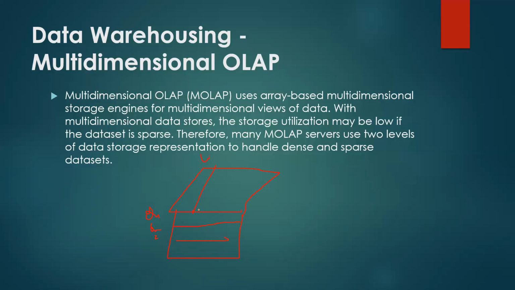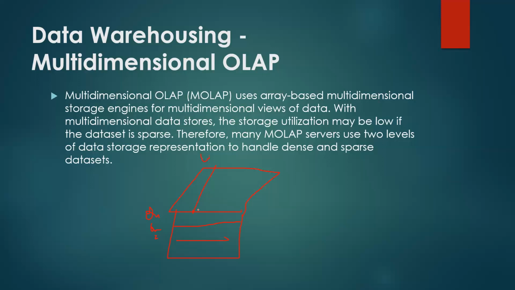Instead, if you have a smaller room with fewer chairs, it is easy to manage, correct? So the way dense and sparse data sets are handled is different in MOLAP. And the way it is designed is for faster query performance.